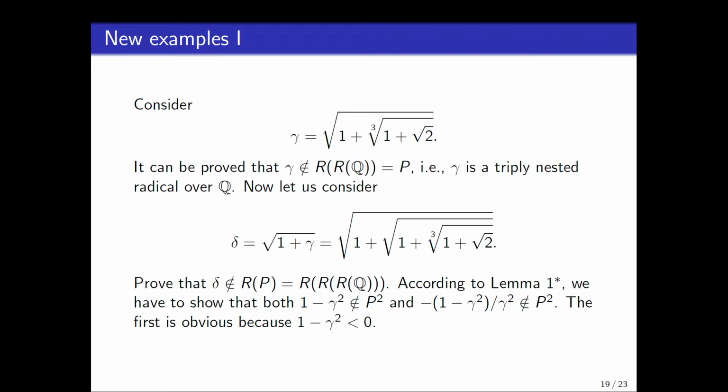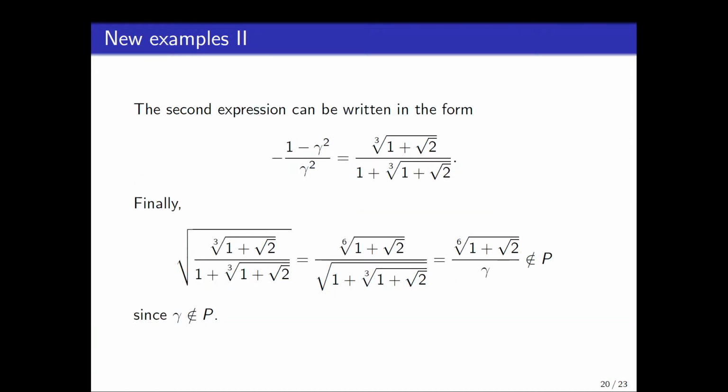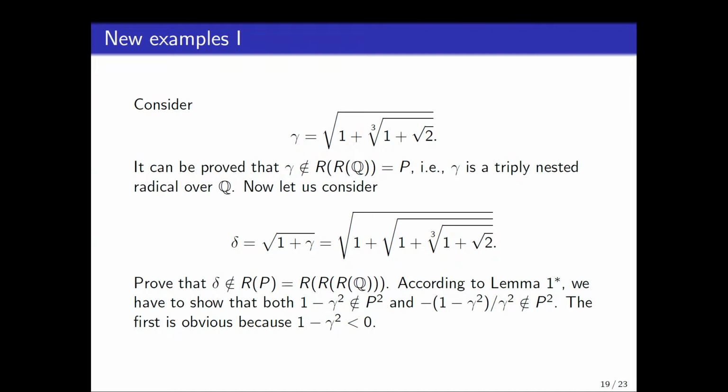Basically, again we use lemma 1 star. So we need to check these two numbers, whether the number at the bottom is not a square of an element from the original field, and that is obvious.